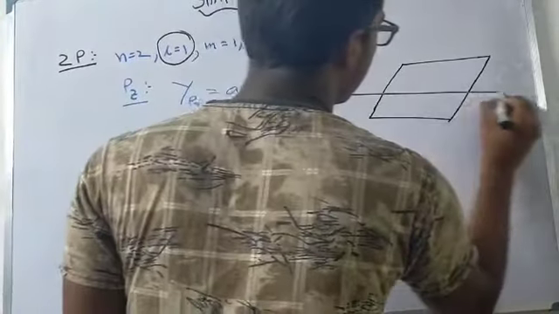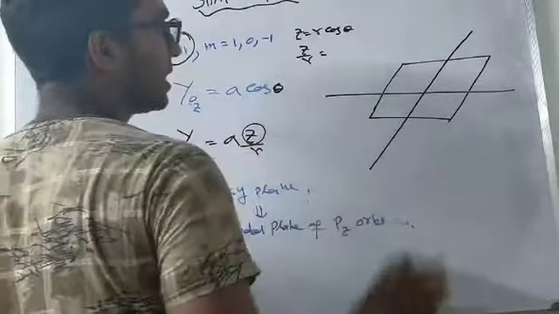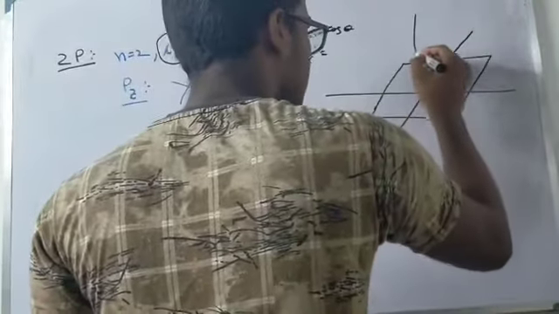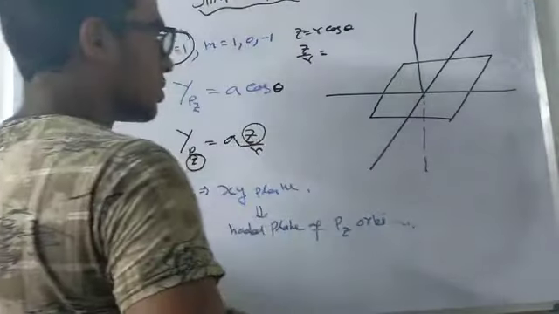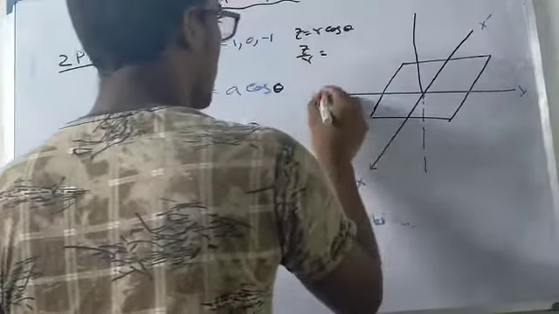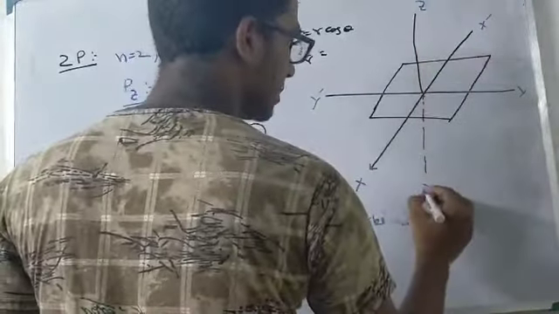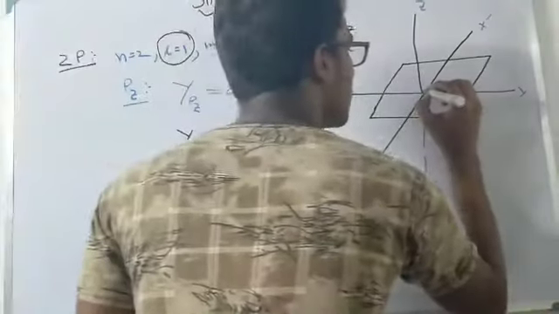Let's say this is my y-axis, this is my x-axis, and this is my z-axis. So this is my x dash, y dash, z dash. So the pz orbital should look like that.